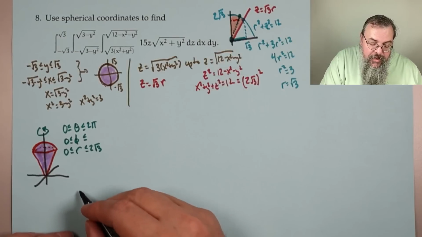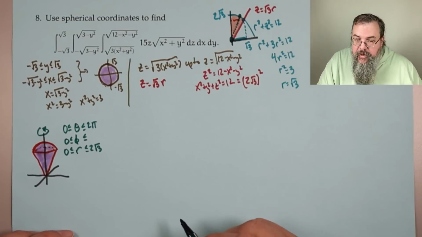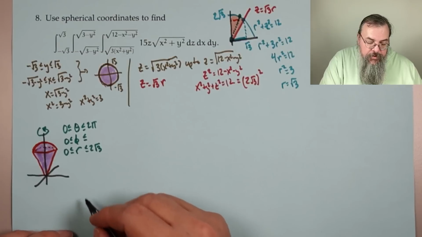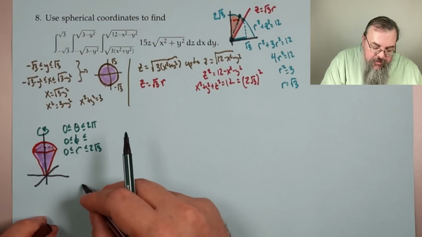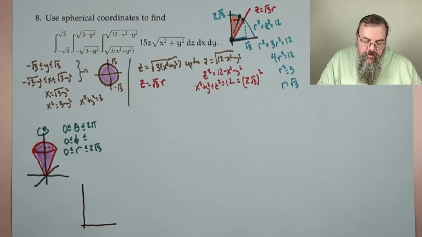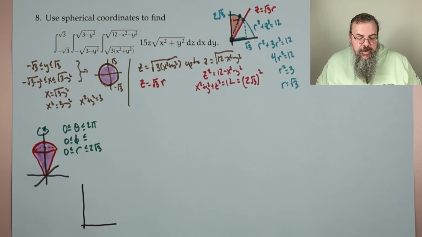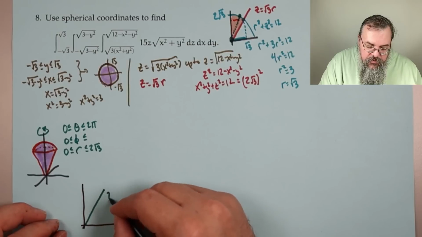All right, so let me draw this one more time. And where do we have space? We really don't have space anywhere, but that's okay. Let's pretend like we have space. All right, so we have this line coming up, which is z equals root 3r.